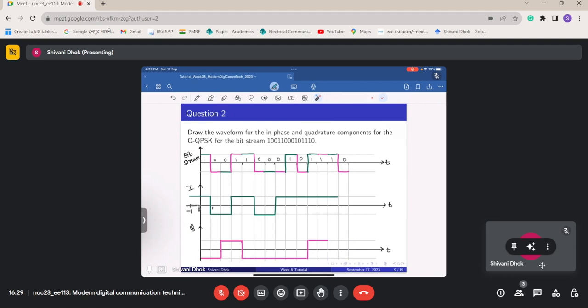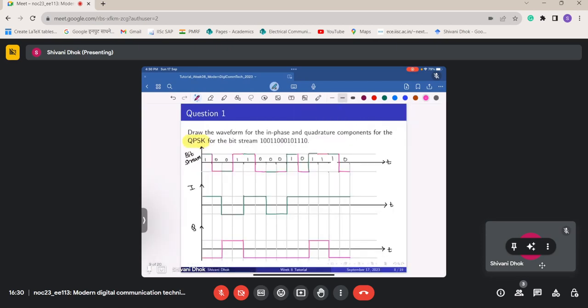Now at the end we have a 0 which corresponds to the quadrature component, so again we'll go back here. So these are the waveforms that we have considered or constructed for offset QPSK.